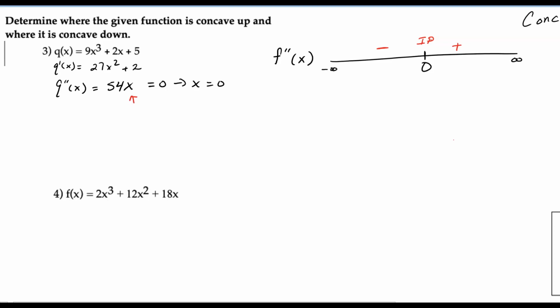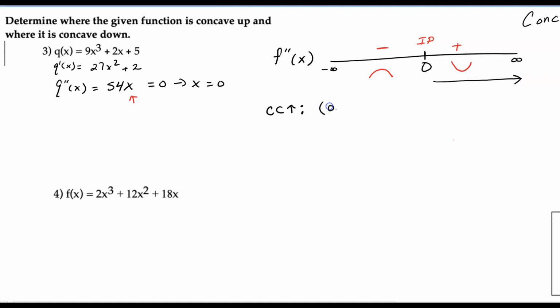That's important to note. But remember what we said in the definition earlier: if the second derivative is negative, it's concave down, and if the second derivative is positive, it's concave up. So I use these little symbols here to determine my intervals of concavity. I will write that it's concave up, denoted CC with an arrow up, on the interval from 0 to infinity.